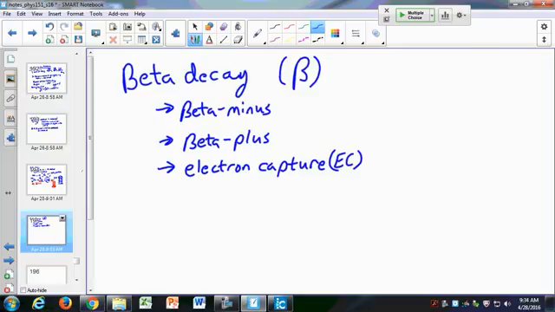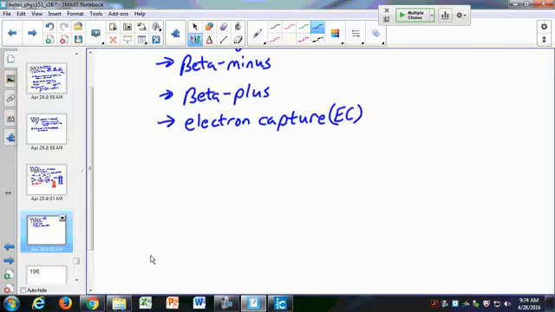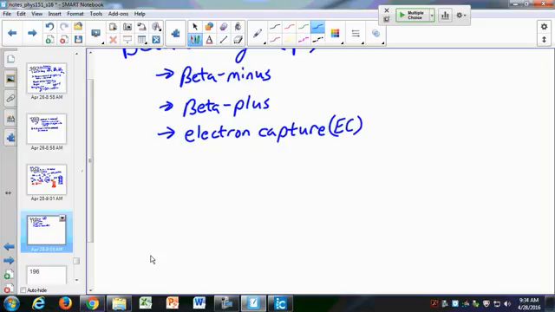Let's look at this decay chain. If I start with a neutron, this is the neutron particle, I end with a proton plus an electron.